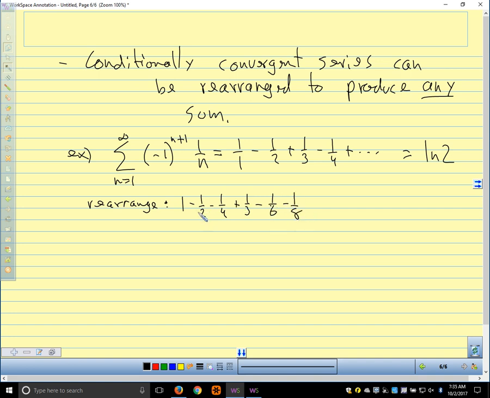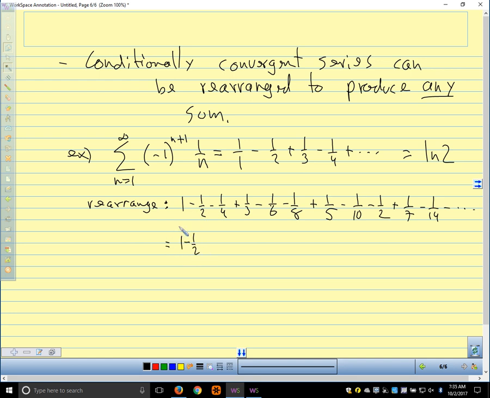So our even terms are negative and our odd terms are positive. Plus 1/5 minus 1/10 minus 1/12 plus 1/7. I'm going to just write out one more. Minus 1/14 minus dot dot dot. And now I'm going to gather these together.